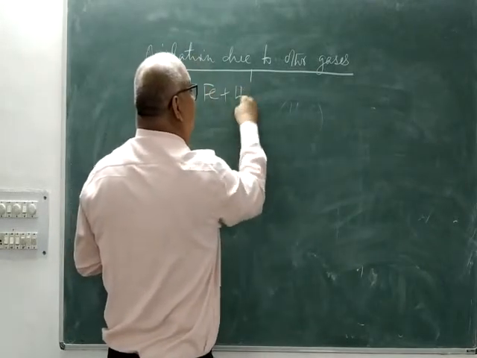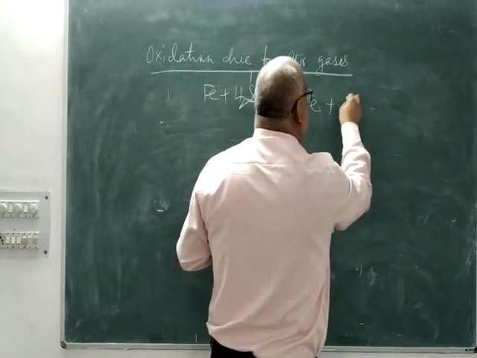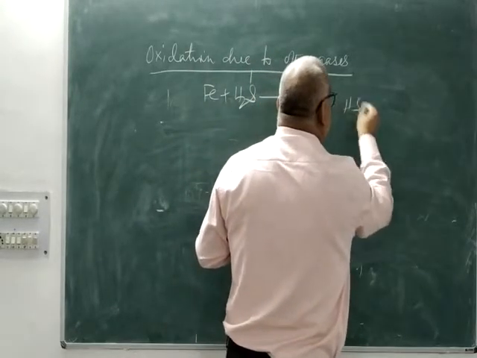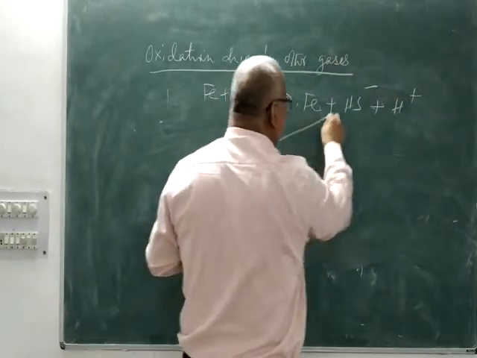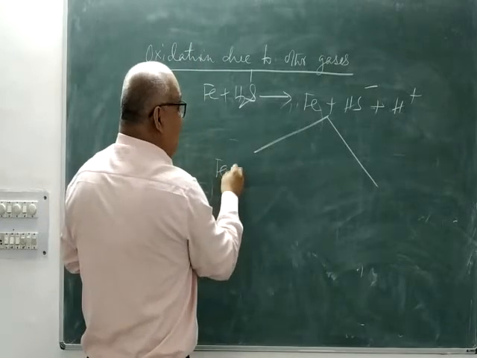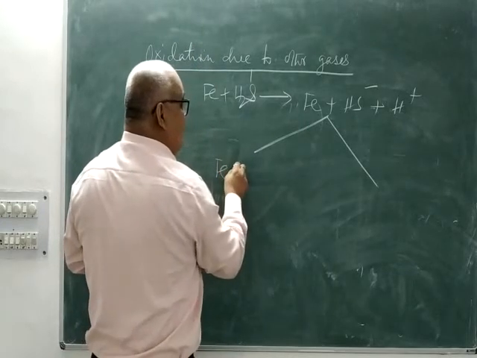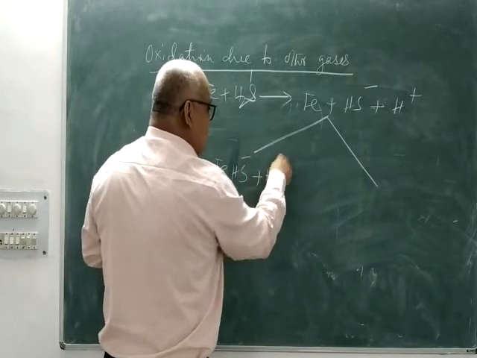Fe plus H2S will produce Fe plus HS plus H plus, like this. There are two mechanisms. By this mechanism, it will produce Fe HS minus plus H plus.